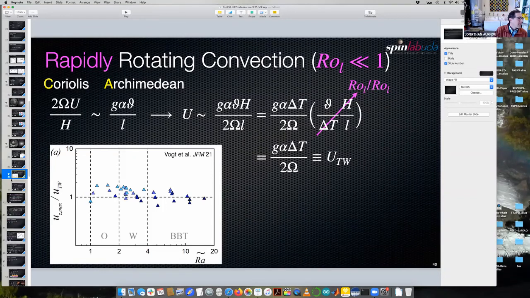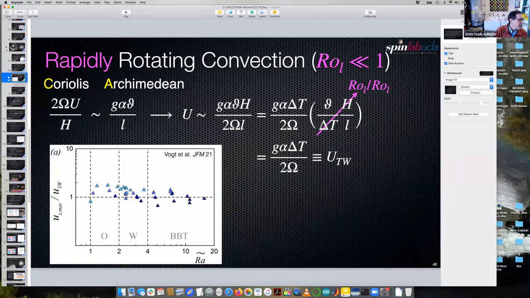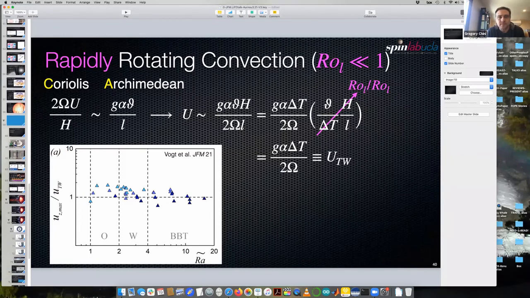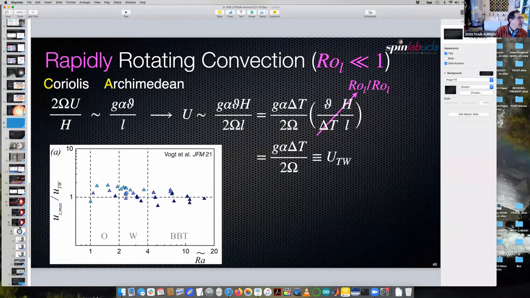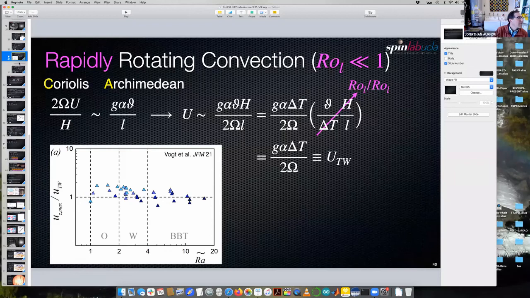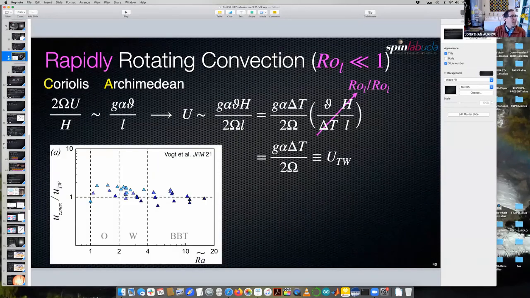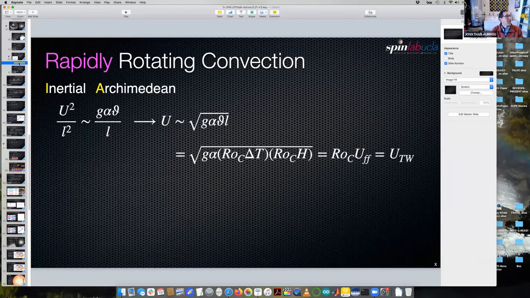Okay, thanks. Yeah. Actually, the other fun way to look at that, I must have put that somewhere. I'll never find it. Yeah, there it is. You don't need to go via one route, you can do any of these different balances, C, I, or A. So if you want, you could do inertial versus Archimedean.